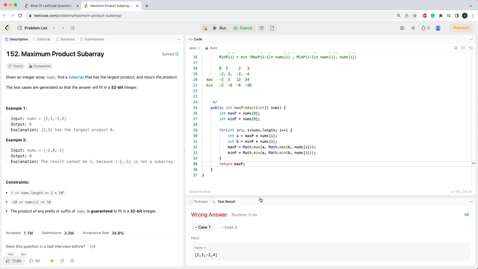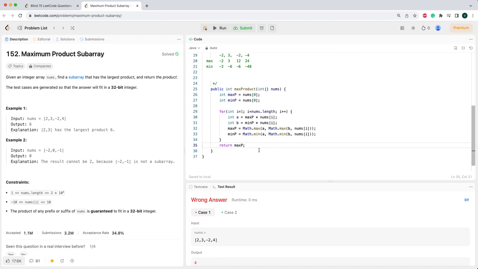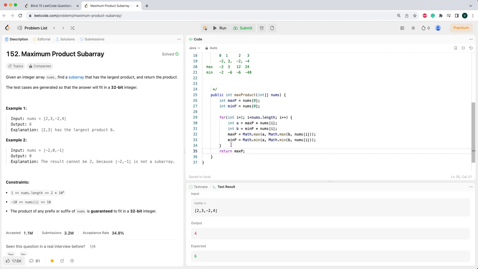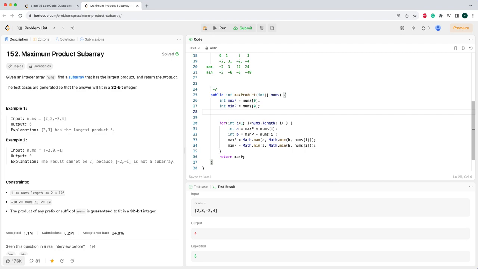Okay, it gives me the wrong answer. Here the answer is 4. Okay, I think I missed one major thing, which is the int max product so far, right?